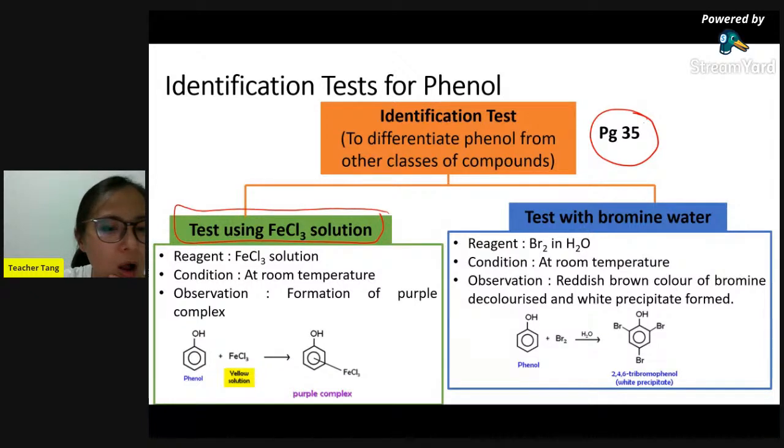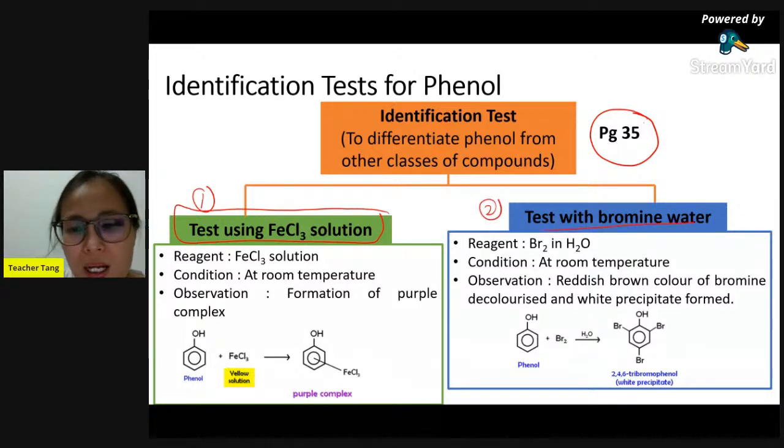So phenol, when you react it with iron 3 solution, what you get is a purple complex. So observation, you see a purple complex form. Okay, or you can test it with bromine water. So test it with bromine water. So bromine water is reddish brown color.